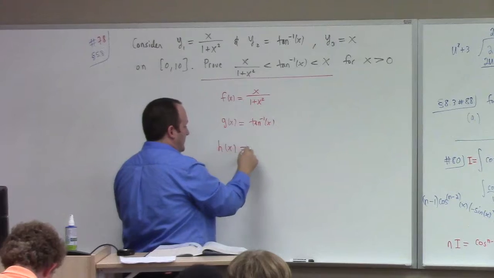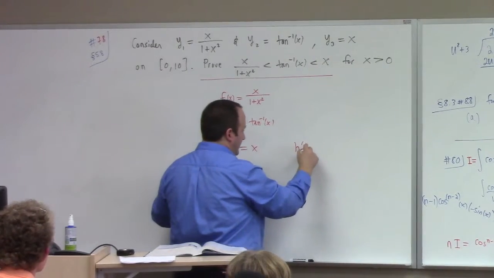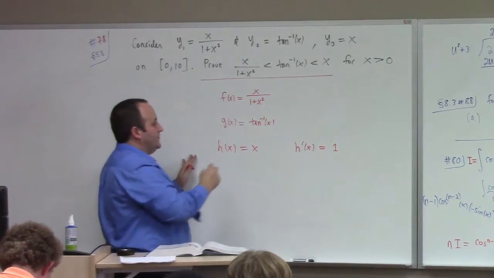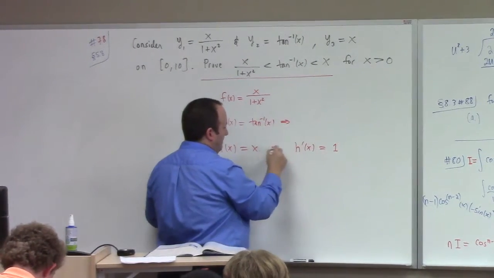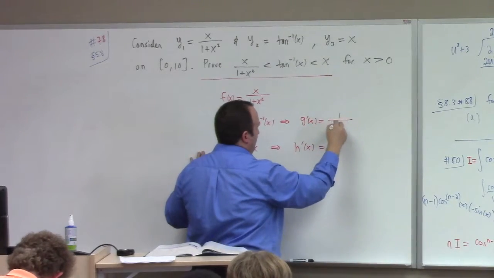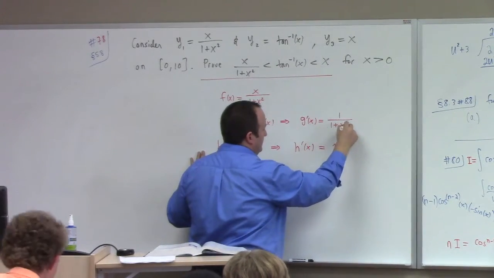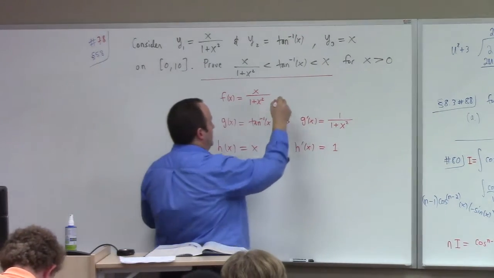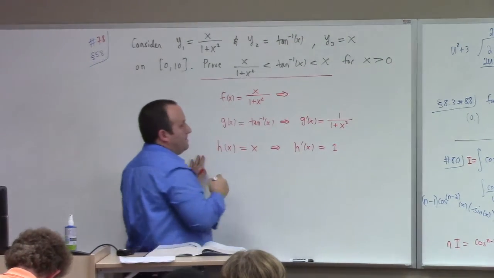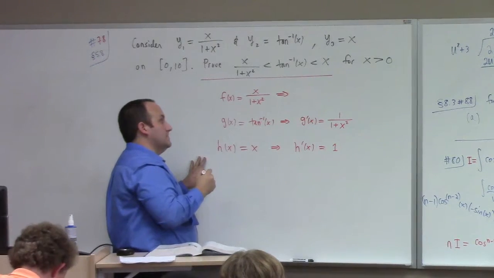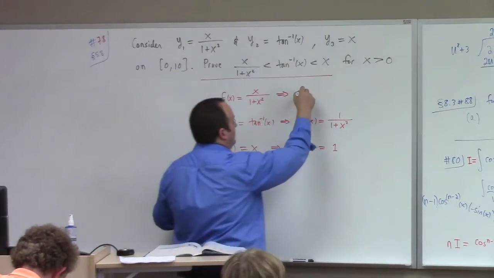Well, this one's easiest. I'll start with the easy one. What's h prime of x? 1, right? What's g prime of x? Worked this out the other day, right? 1 over 1 plus x squared, right? And what's this say? What's the derivative of f with that f?